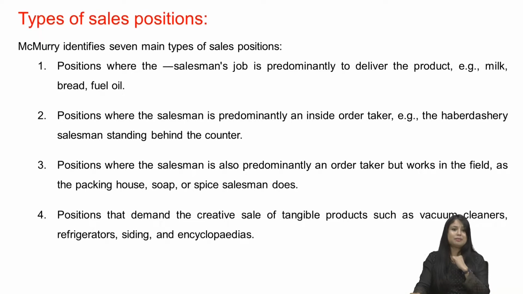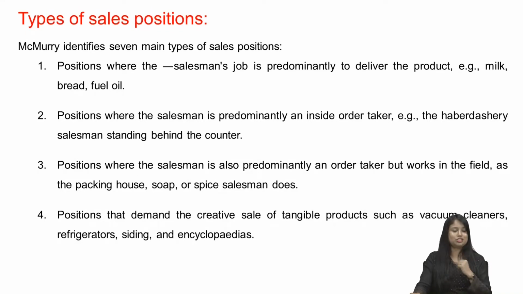Now, the third type of sales position, that is positions where the salesman is predominantly an order taker but works in the field as a packing house, soap or spice salesman does. Like when it comes to the spice salesman, what they do, they take the orders, even they do the job also, right?